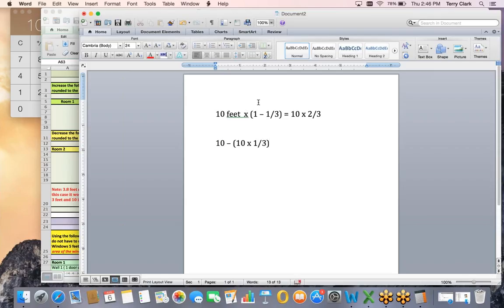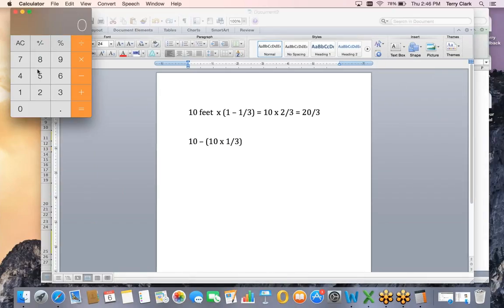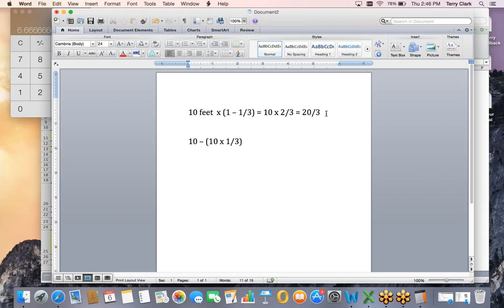So we could do it either way. If we went 10 times 2/3, that becomes 20 over 3. Then we take the 20 over 3 and divide it, because every fraction is also a decimal, and that's going to give us 6.67.